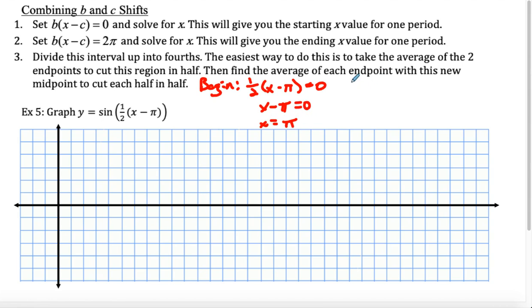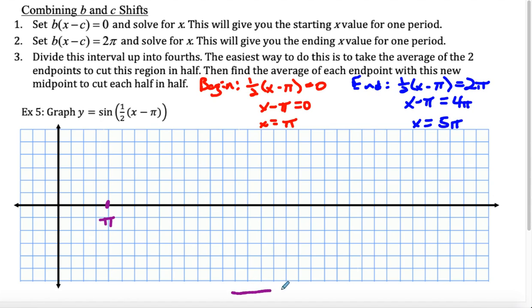Well, now my end, I'm going to say 1/2 times x minus pi equals 2 pi. Multiply both sides by 2 to get rid of that 1/2. I'll get x minus pi equals 4 pi, because I multiplied both sides by 2. Add the pi over, and I'll get x equals 5 pi. So my starting point is going to be at pi, and my ending point is going to be at 5 pi.